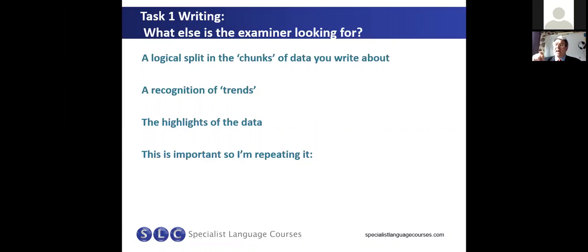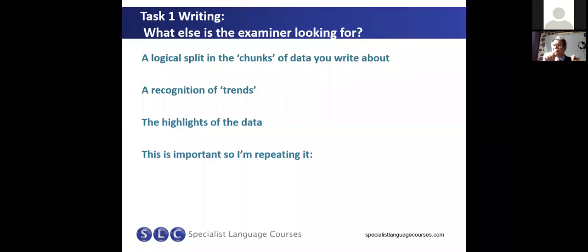If there's a particularly high figure or a particularly low figure, or one of the lines crosses over, if Honda suddenly overtake Toyota in sales, you need to talk about the point at which that happened, when one overtook another, if you like. So the highlights of the data, probably a good idea to have a base figure where it began and where it ended up, and any high and low points, anything which is unusual.